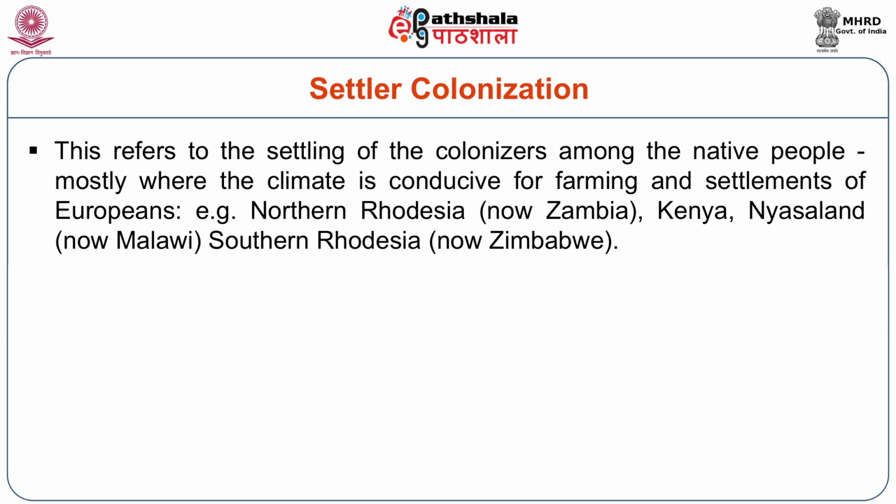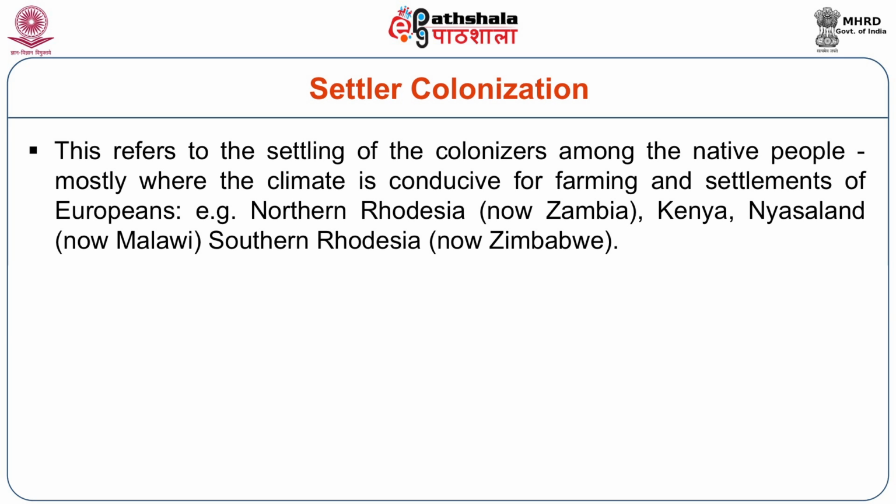Settler colonization refers to the settling of the colonizer in the land of the colonized, especially and mostly for plantation agriculture, for which labor was cheaply available from among the colonized.